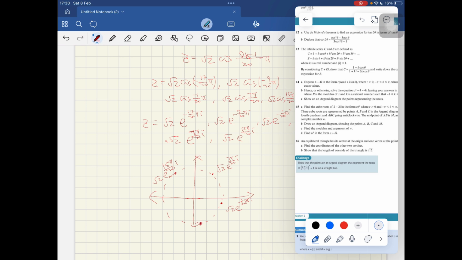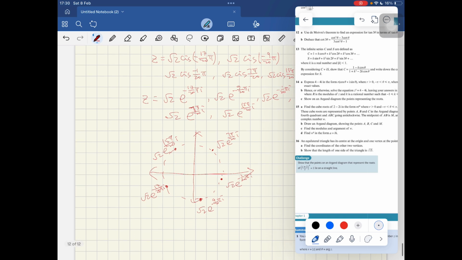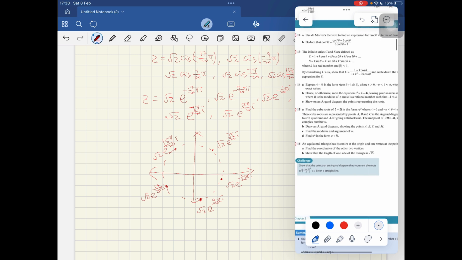So here square root of 2 e to the power of negative 9 over 20 pi i, and somewhere here square root of 2 e to the power of negative 17 over 20 pi i. So it should look like a regular polygon, like a regular pentagon.